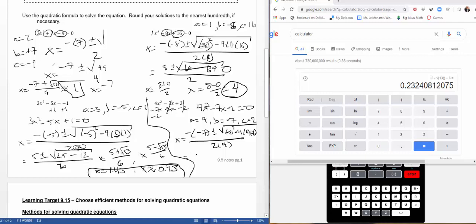So x is equal to 7 plus or minus the square root of 49 minus 4 times 4 times minus 2, which would be negative 32, all divided by 8. 2 times 4 is 8.